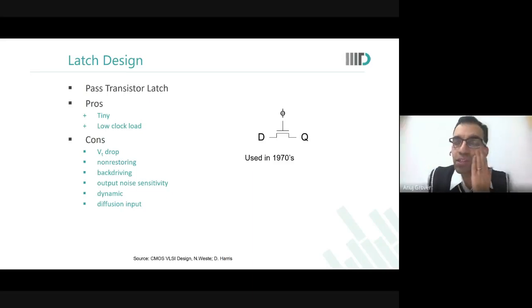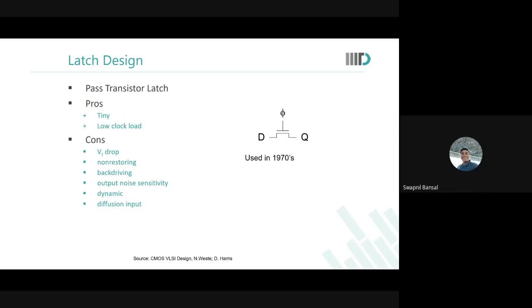See, I am asking you, for example, आपके जो projects हैं, I am asking you to design an OAI or an AOI or something driving a particular output load. है ना? You know that the delay of your circuit would change significantly if the load changes. This much we have already seen. Yes, sir.